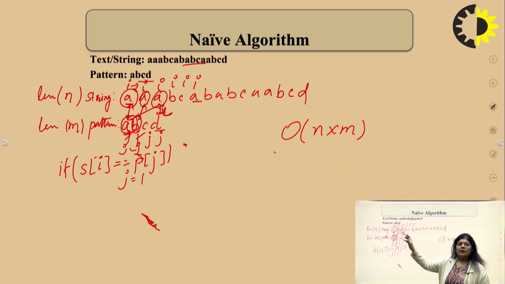In the worst scenario, I am going through the whole string, so n number of comparisons are going to be done. When I talk about the pattern, the length of the pattern is m, and for every character in the pattern we have to repeat the comparison.